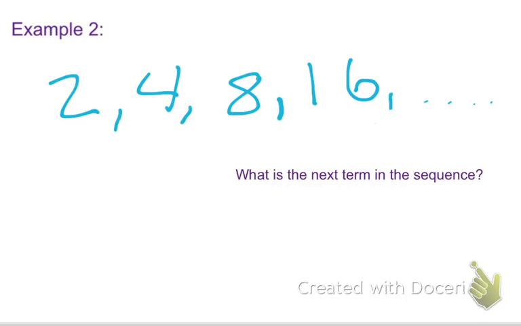So you have to think, what is multiplied by 2 to get 4? 2 times 2 would be 4. Now, is it similar to 4 and 8? 4 times 1 is 4, 4 times 2 is 8. So you can figure out now that the sequence is being multiplied. Each number is being multiplied by 2.